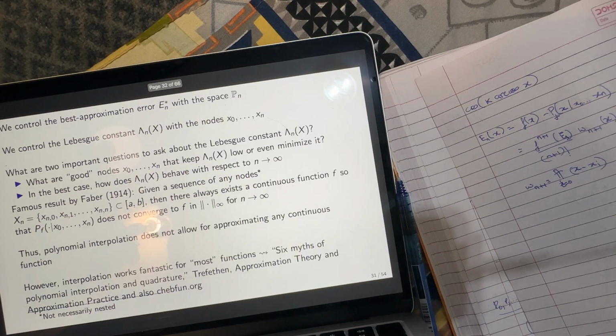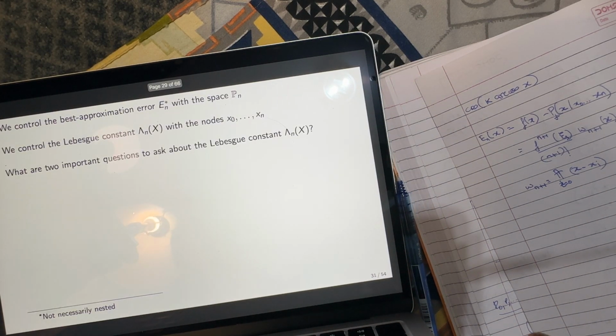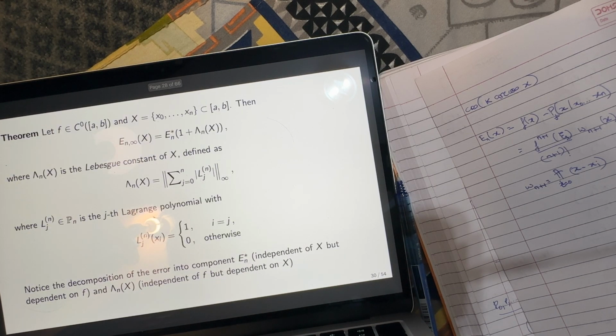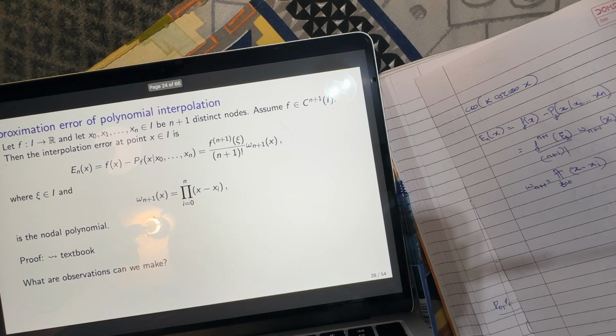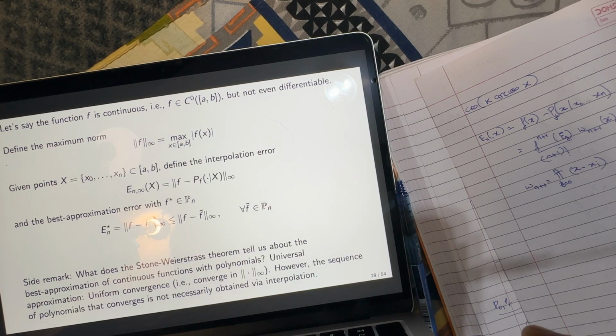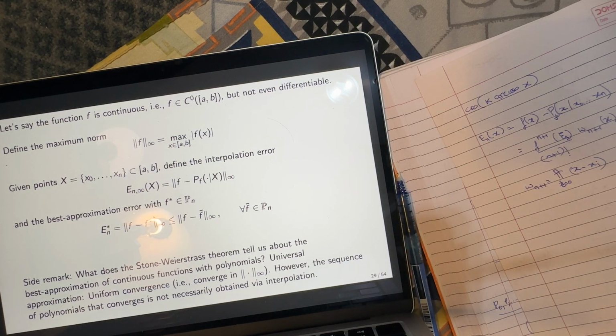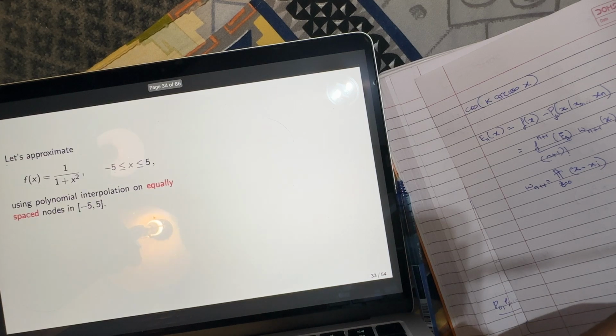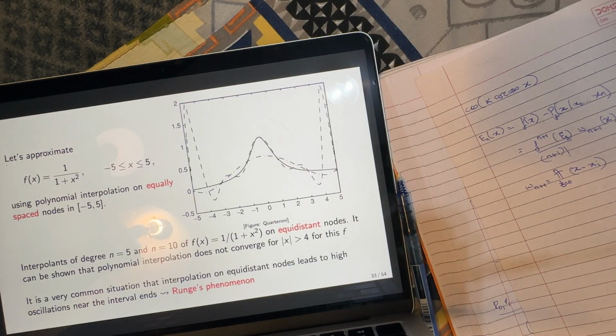This makes sense to me actually here. All of these slides are. Never mind. Let's do the interpolation.